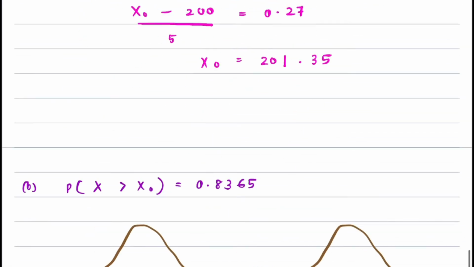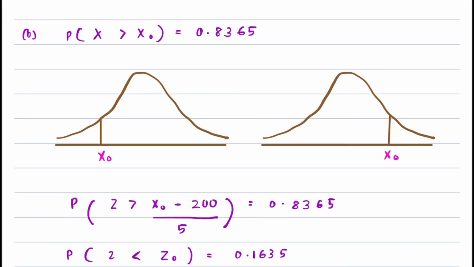For question part B, you will have P(X is more than x0) is equal to 0.8365. Okay, so you have to decide where your x0 is, whether at your left side or at your right side. How to know? Refer to the symbol and also the probability given, 0.8365.